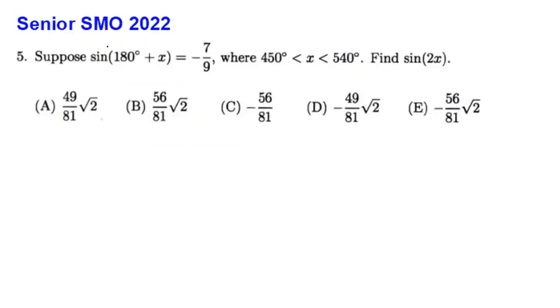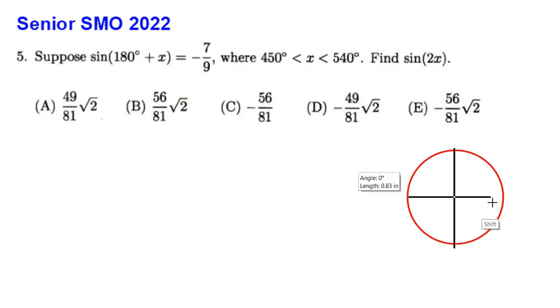Okay, the fifth problem of Senior SMO 2022, last year. It says suppose sine of 180 plus x equals this, and x is from here to here. Find sine 2x. You can consider the trigonometric unit circle. When we have 180 plus x, it will be something like this.